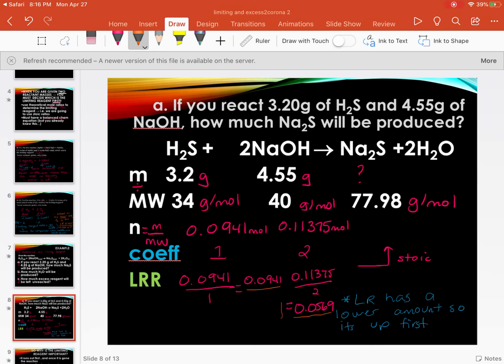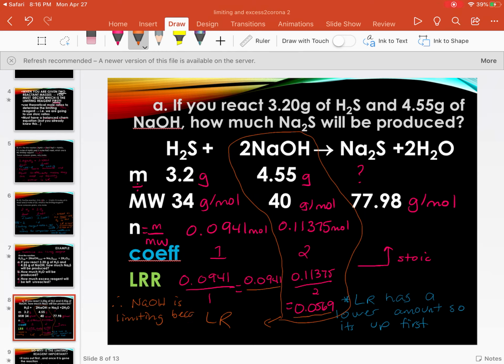Sometimes students will do something like this to show me that it's the limiting reagent, or you can write a sentence. Okay, it's really up to you.